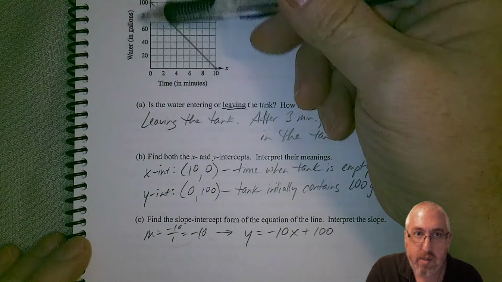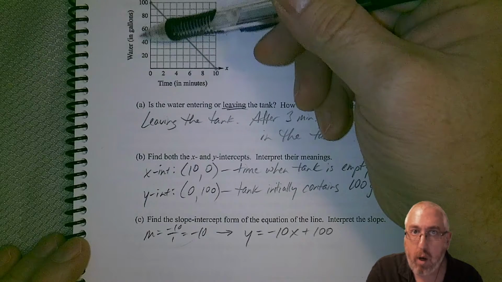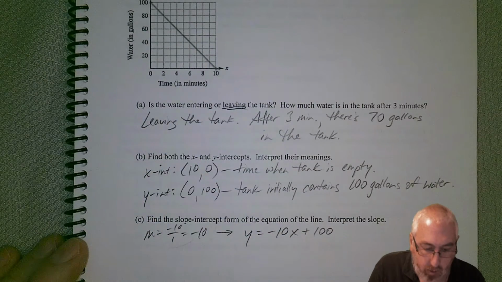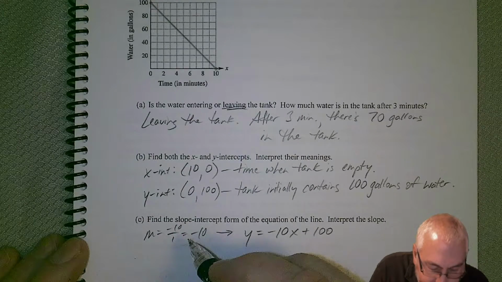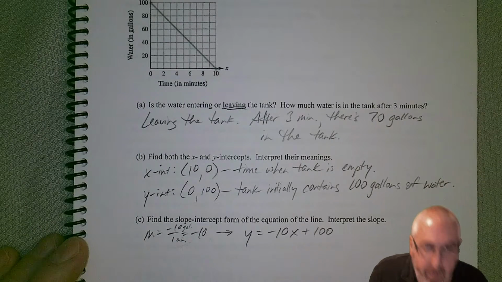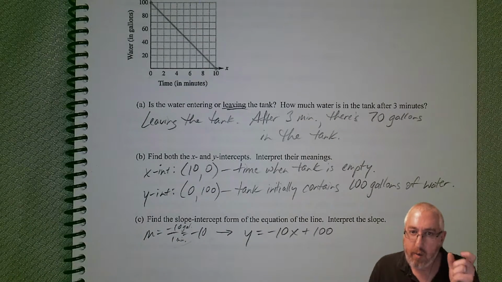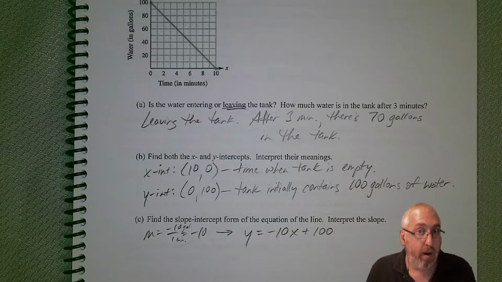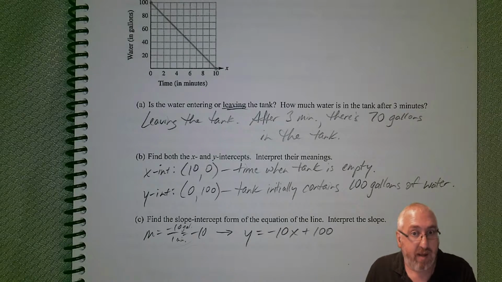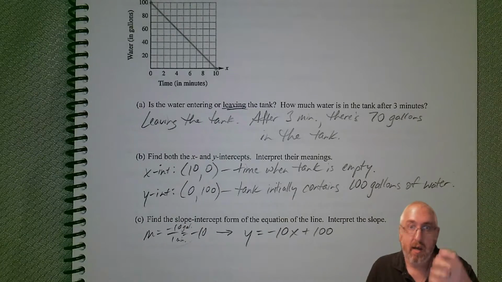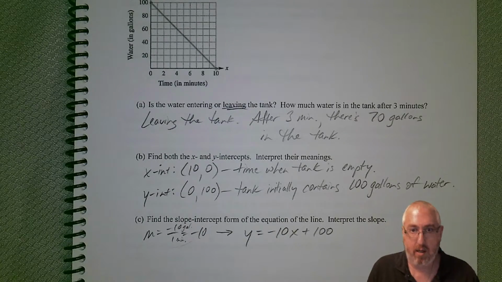The units vertically are gallons of water, and the units horizontally are time in minutes. So this is -10 gallons over 1 minute. So it's actually losing water at a rate of 10 gallons per minute. Every minute, 10 gallons is lost. After another minute, another 10 gallons is lost.